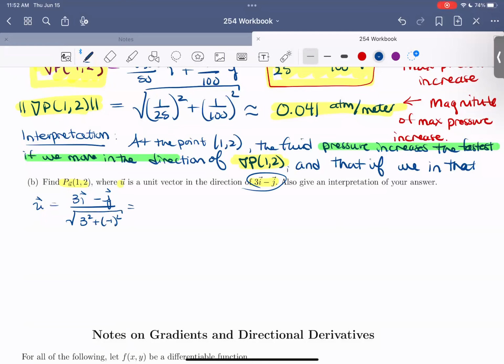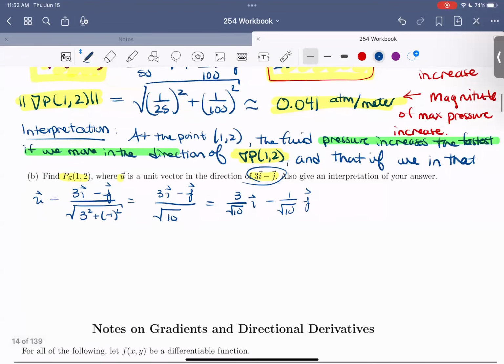That gives 3i minus j over the square root of 10, so 3 over root 10 i minus 1 over root 10 j. Okay, so there's our u vector.